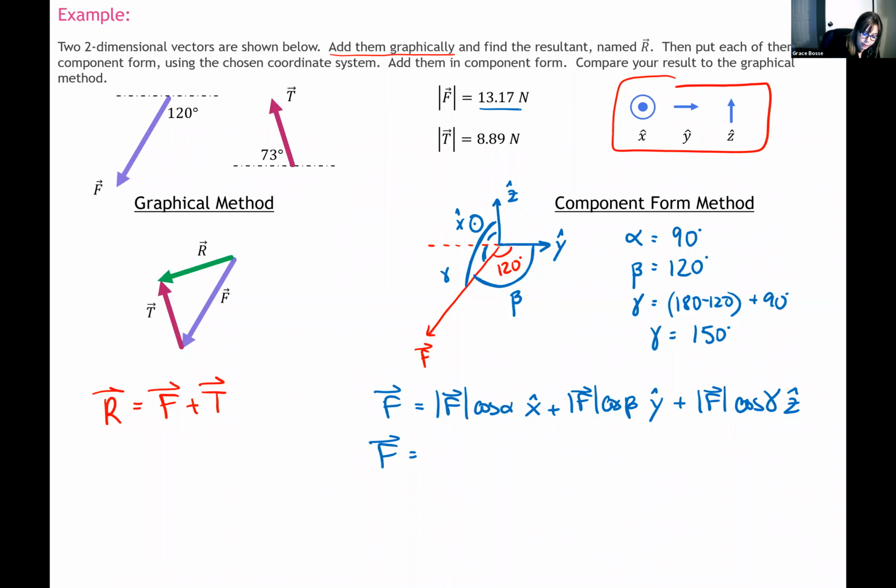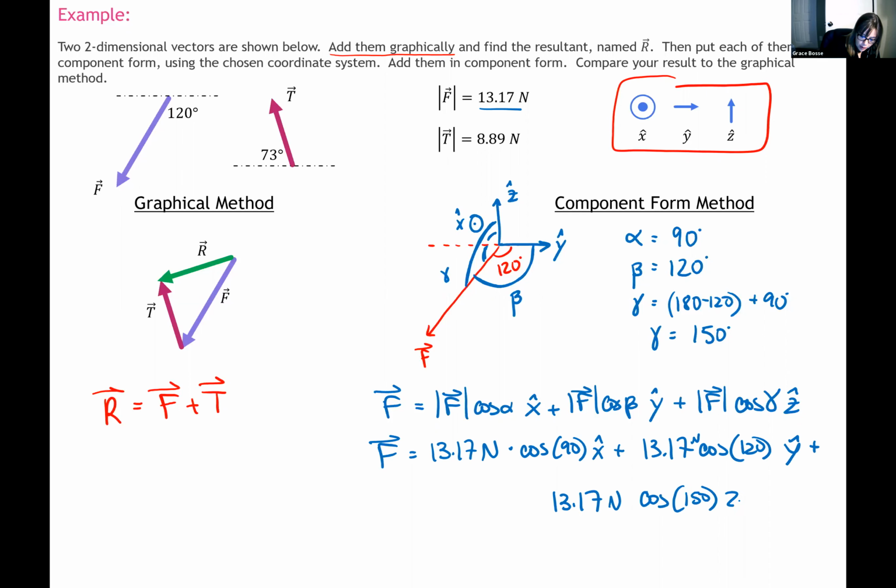The norm of vector f is 13.17 newtons times the cosine of alpha, that's 90, times x hat. Plus now the y hat term, 13.17 times the cosine of 120 times y hat. And now the last term, I have 13.17, don't forget your units, that's newtons, cosine of 150, that's gamma, all of that times z hat.